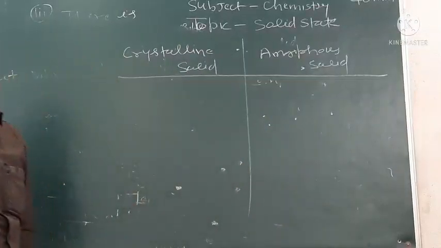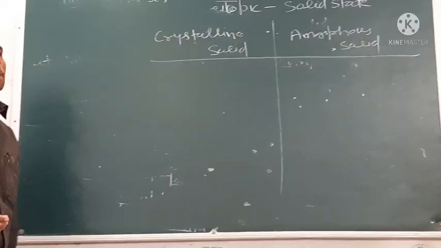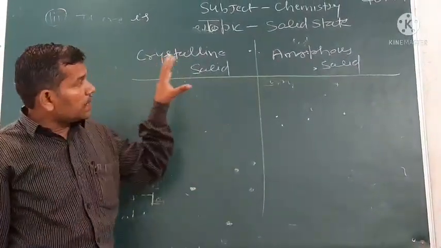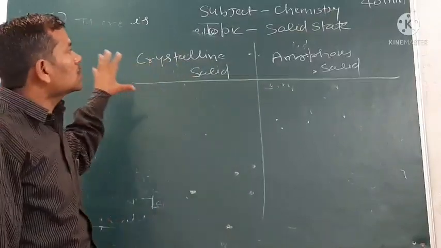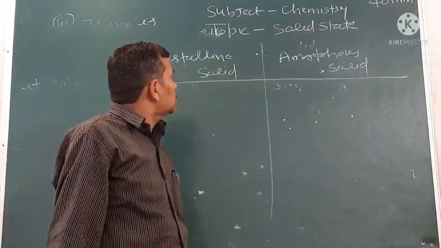First is crystalline solid and the other one is amorphous solid. It is a most important question in the class 12 CBSE board.